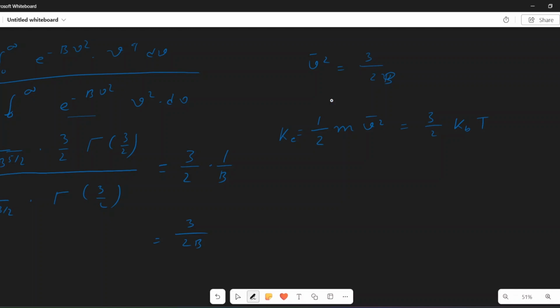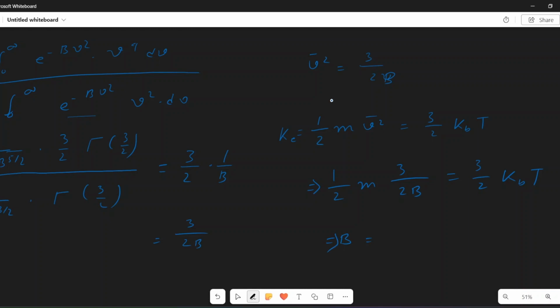Got it. Now from this we can write 1 by 2 m into 3 by 2b equals 3 by 2 kbT.